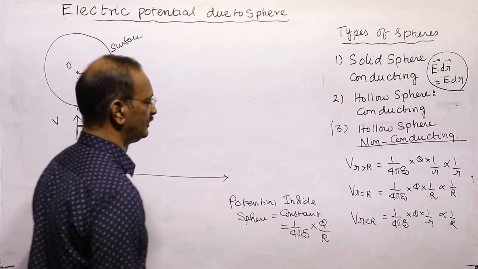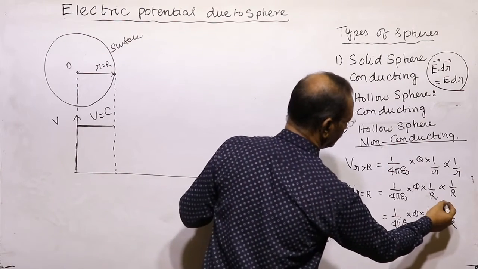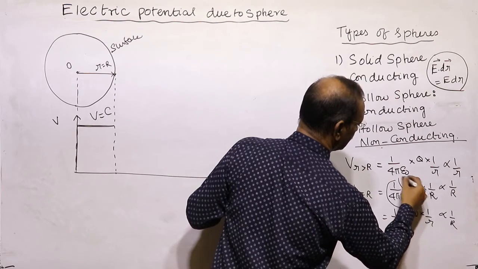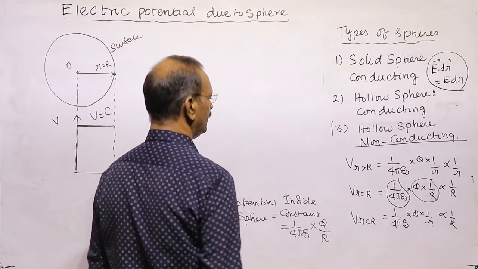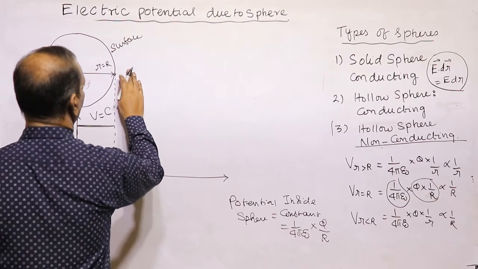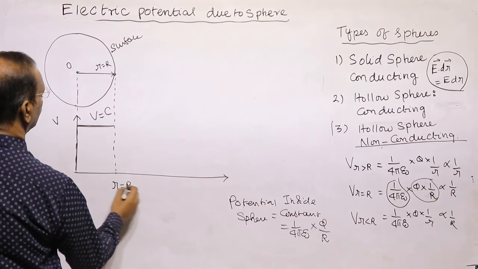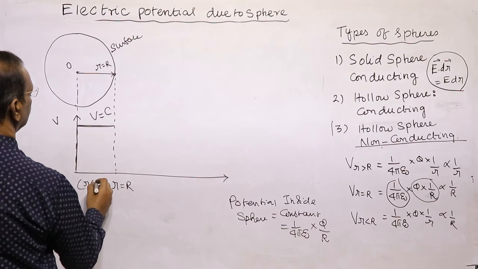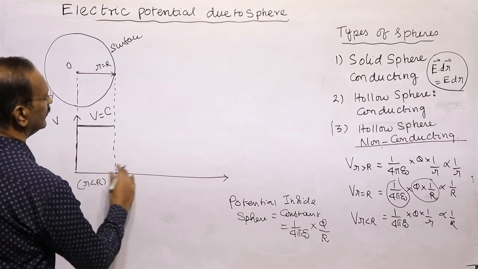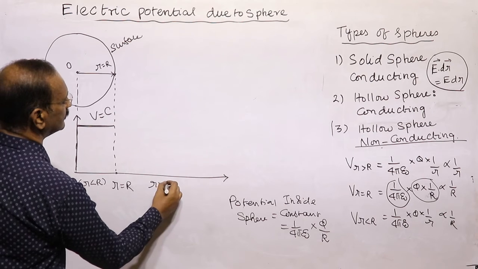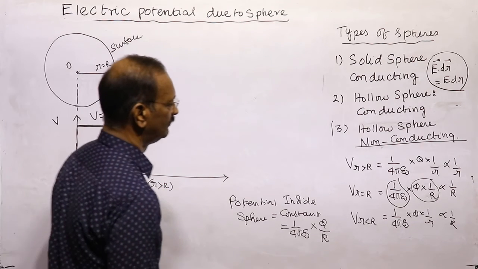From there onwards, up to R it is the same, equal to K into Q divided by R. So here also the same. This point we can say r is equal to R, this point r is less than R, and this point r is greater than R. So from here the potential varies.